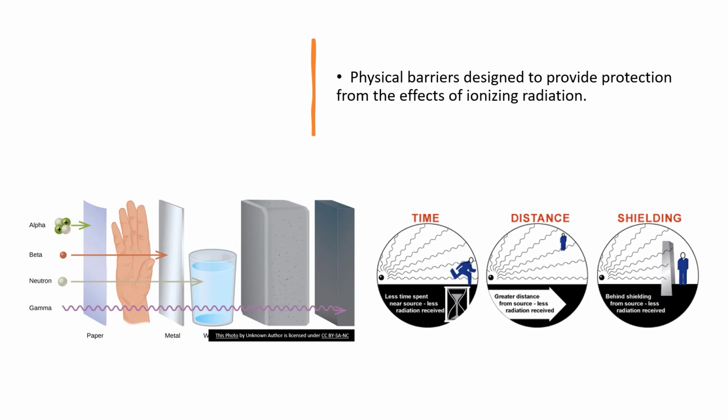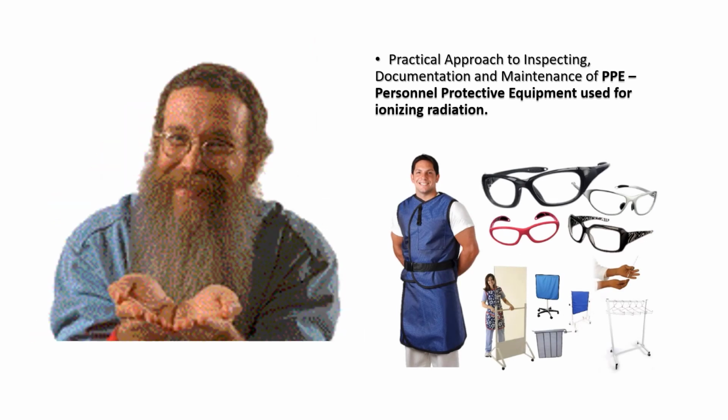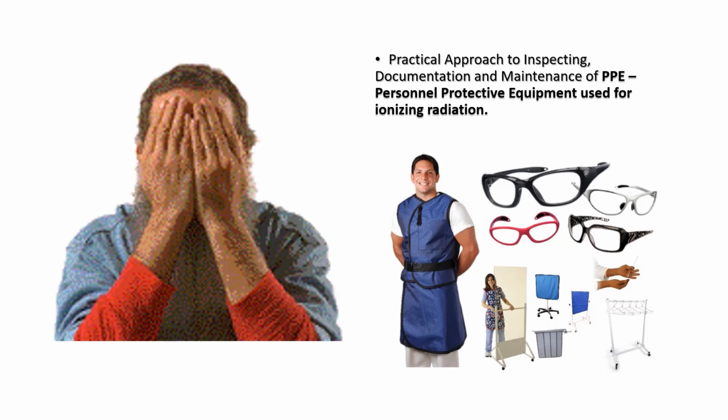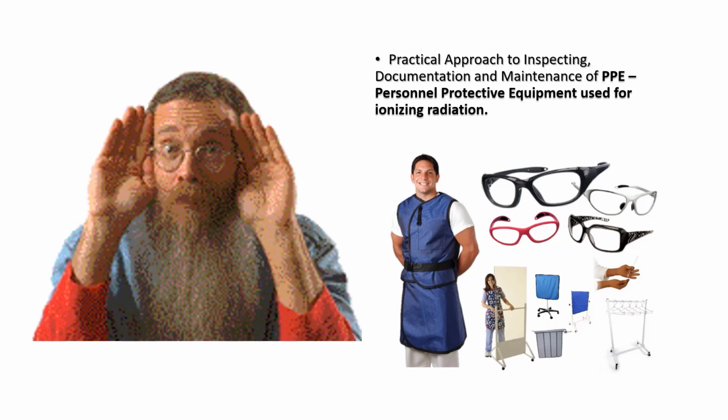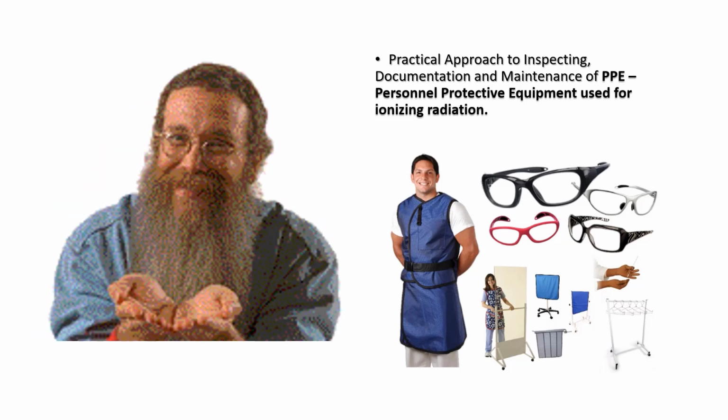Shielding is a physical barrier designed to provide protection from the effects of ionizing radiation. The strength of the ionizing radiation in its intensity and amount has an effect on the amount of shielding required. Radiation programs require documentation of the shielding, where the shielding is located, and the condition of the shielding.